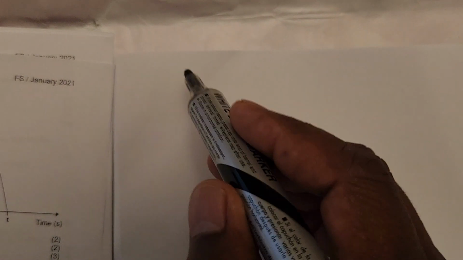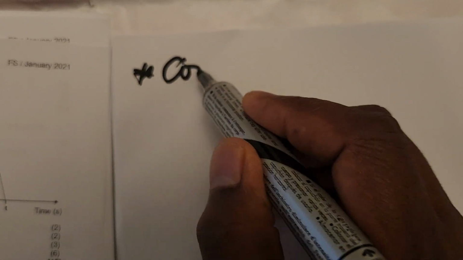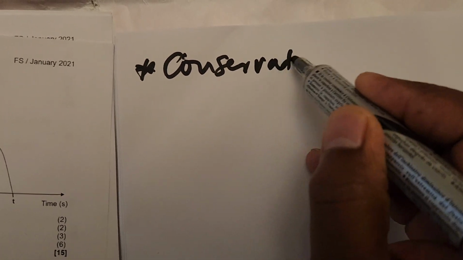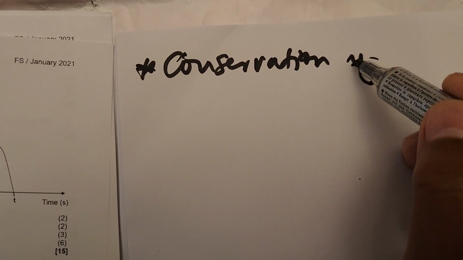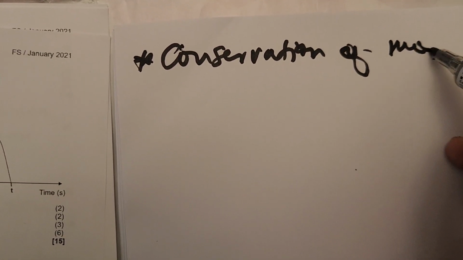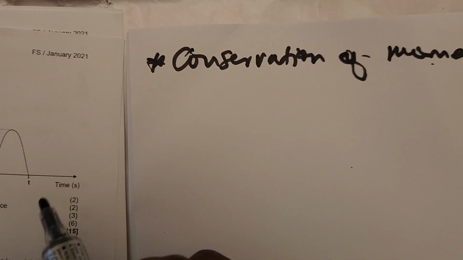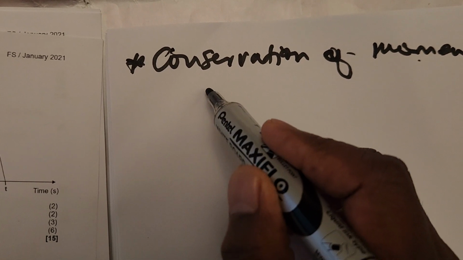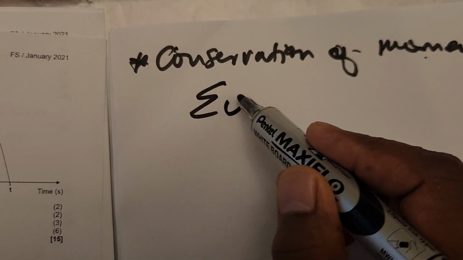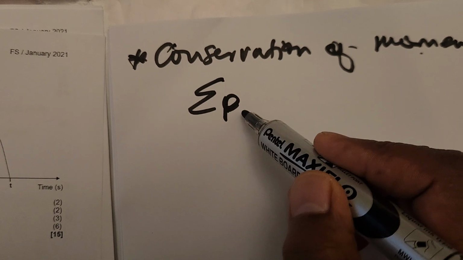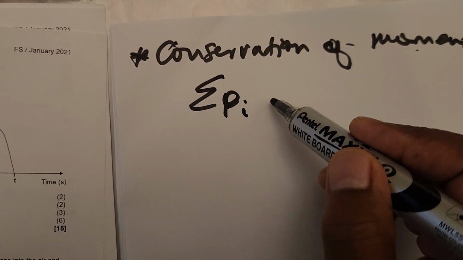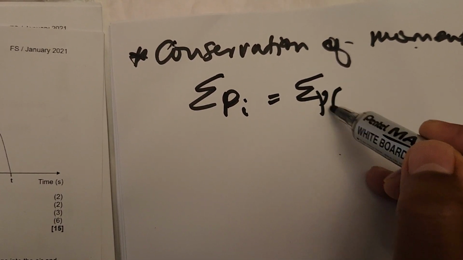So now the last part in momentum was the conservation of momentum. Well, that's where many questions will be coming from. We said yes, momentum can be conserved. There are only 3 scenarios that you should know. But in all the 3 scenarios, please start with the principle sigma pi equals sigma pf.